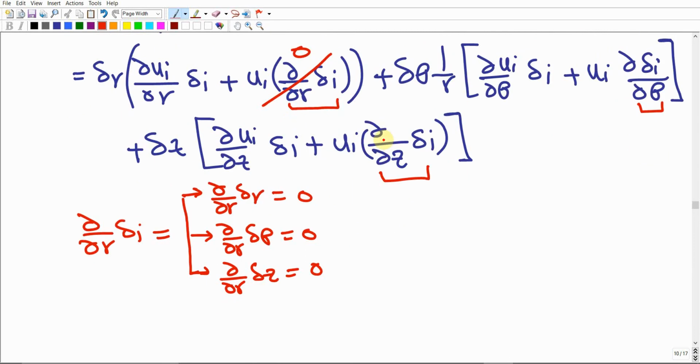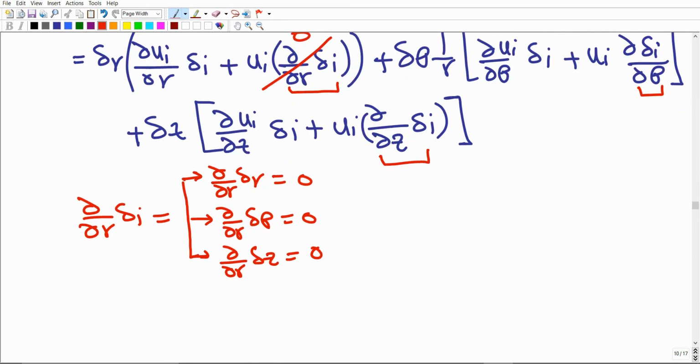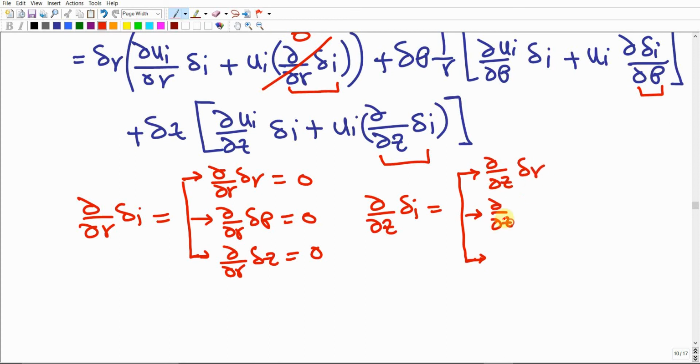The same thing applies to the partial by partial z of δi. This is going to give us three different values: partial by partial z of δr, partial by partial z of δθ, and partial by partial z of δz, where i should be r, θ, z.